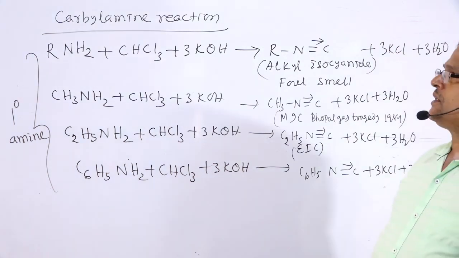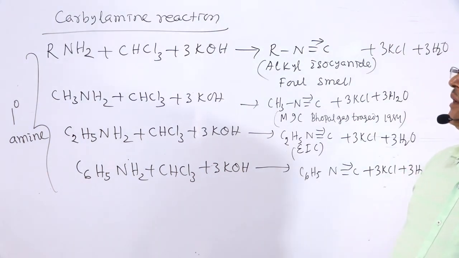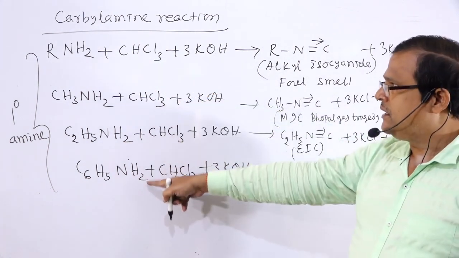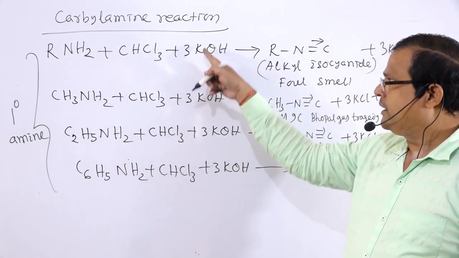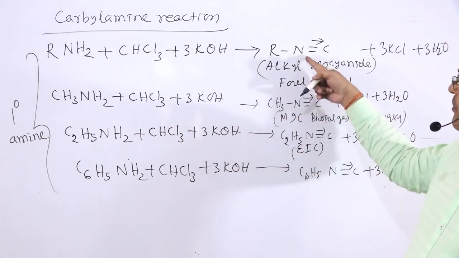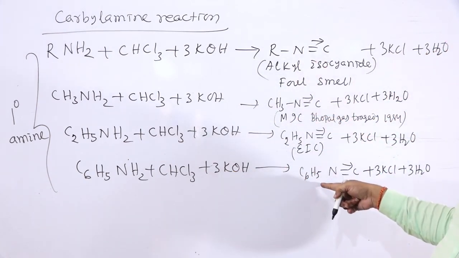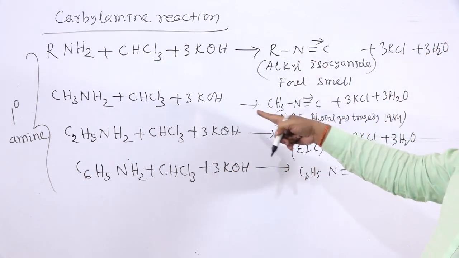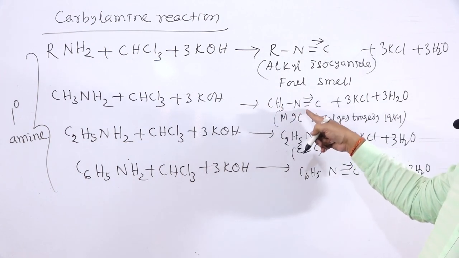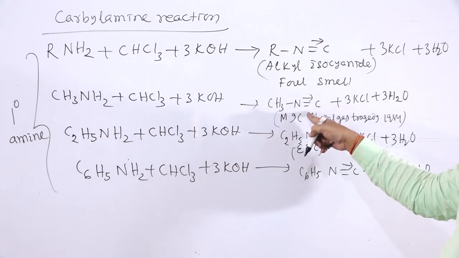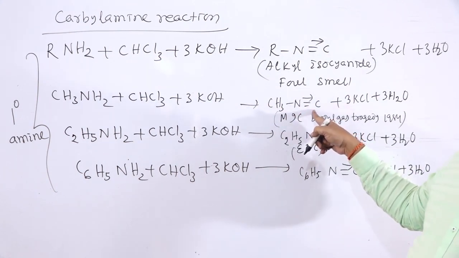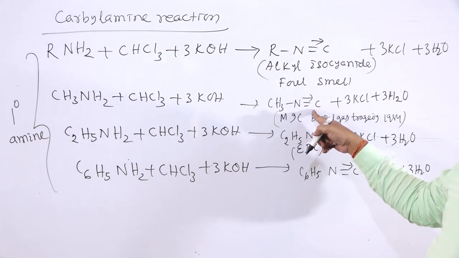So this is the reaction that is only shown by primary amines, not by secondary, not by tertiary. Methylamine will form methyl isocyanide, the gas liberated during the Bhopal gas tragedy in 1984.